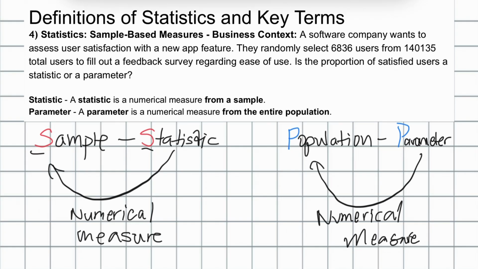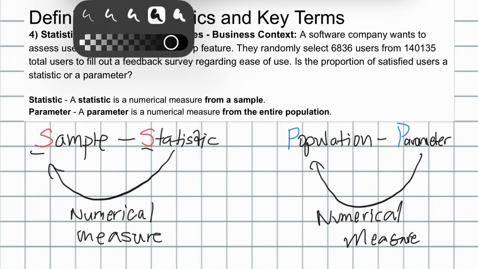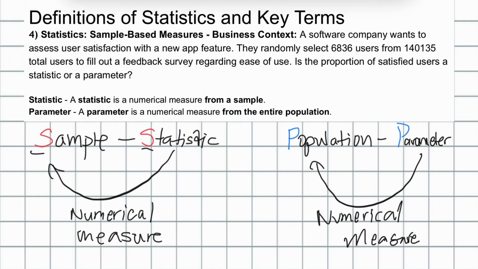of the population. And just to remind you, the population tends to be the entire value, the entire number. For instance, a population of people, or a population of X and Y items. Usually the population is the largest number, versus the sample, which is a portion of that population.